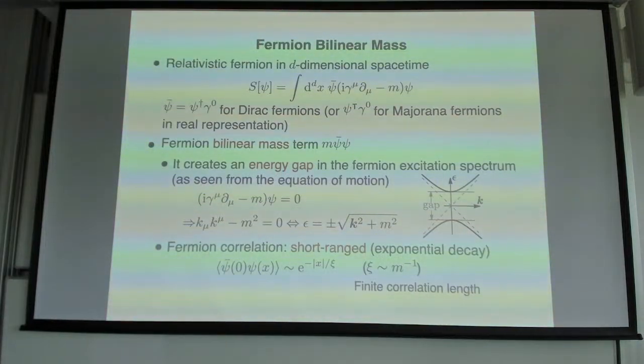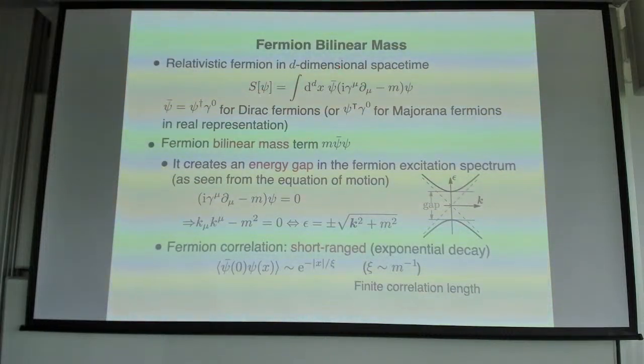This fermion bilinear mass basically appears in a very simple model like this, which describes relativistic fermions, denoted by this fermion field psi in d-dimensional space-time, which has a Dirac action. Here I will be a little bit sloppy: this psi can either be a Dirac fermion if it's complex, or Majorana fermions if it's in the real representation.